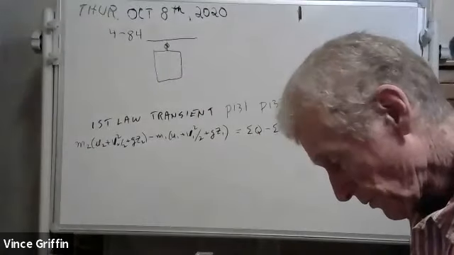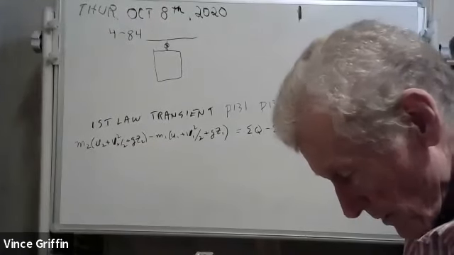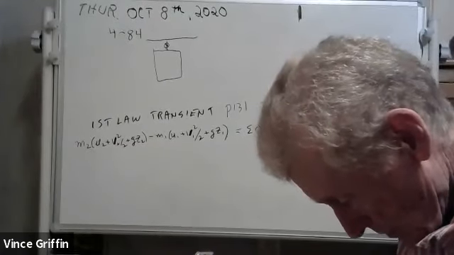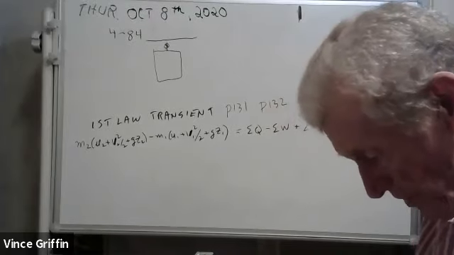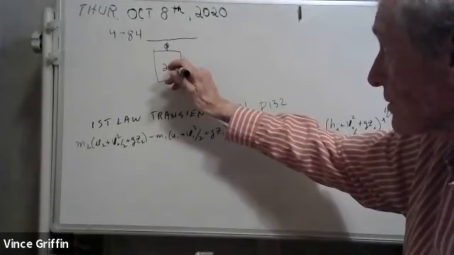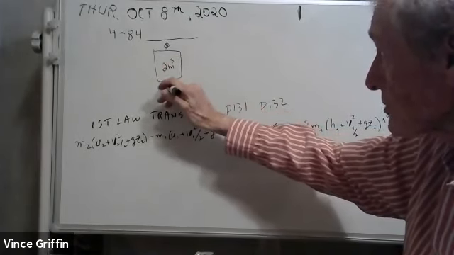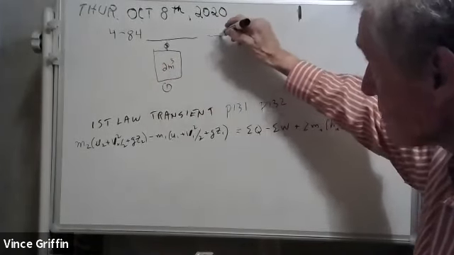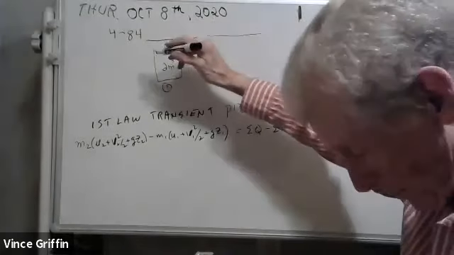If you'll find 484, it says, there we go, insulated 2 cubic meter tank. This is 2 cubic meters. Here is state 1. And later, we'll draw it here. There's a line coming in here.